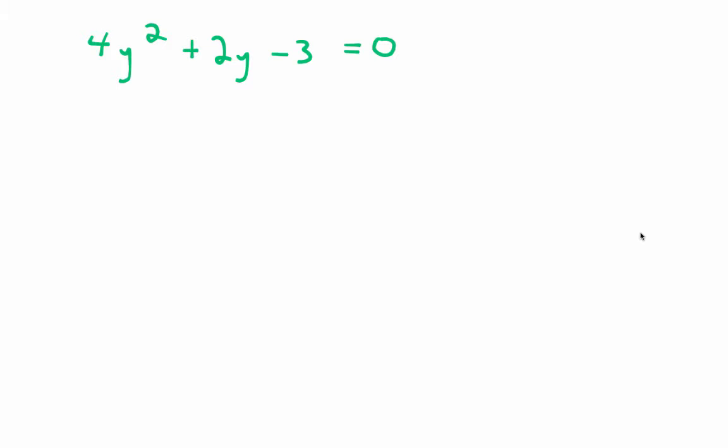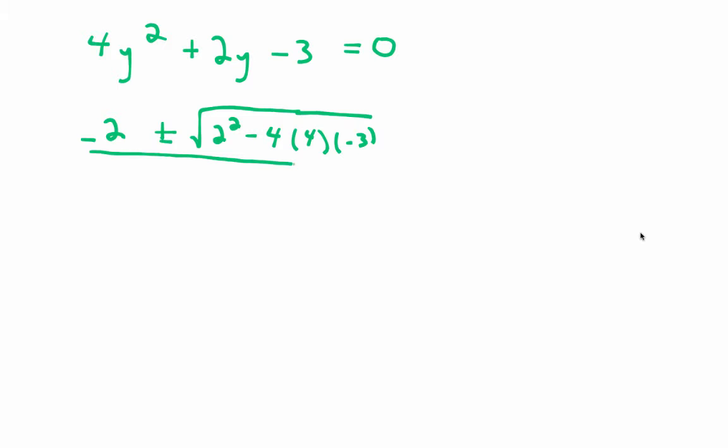Quadratic formula. So negative b, which is 2, plus or minus square root of b squared, which is 2 squared, minus 4 times a, which is 4, times c, which is negative 3, all over 2a. So that's 2 times 4.